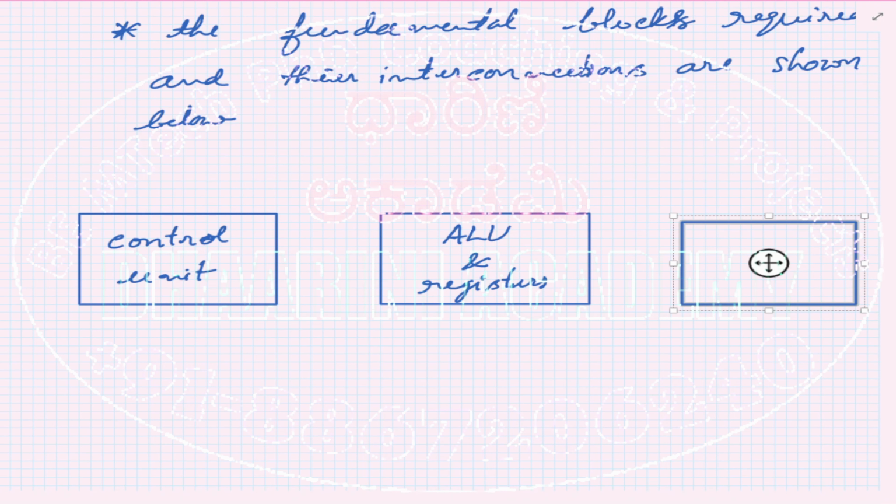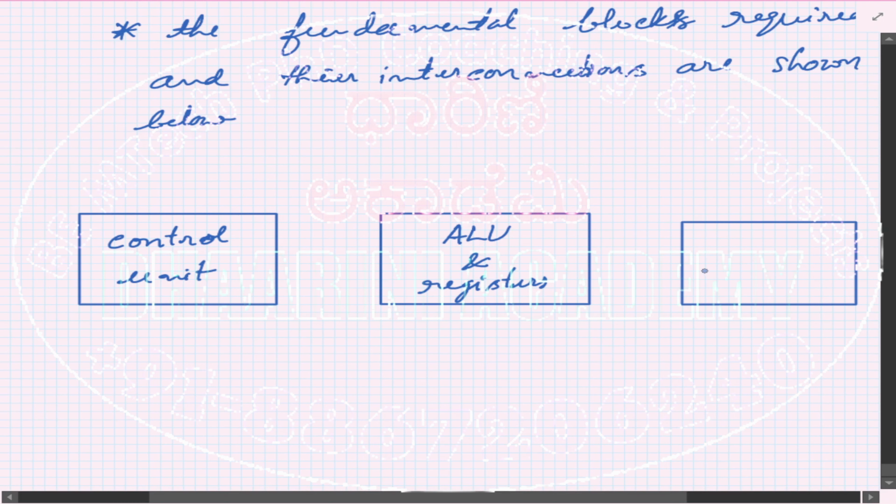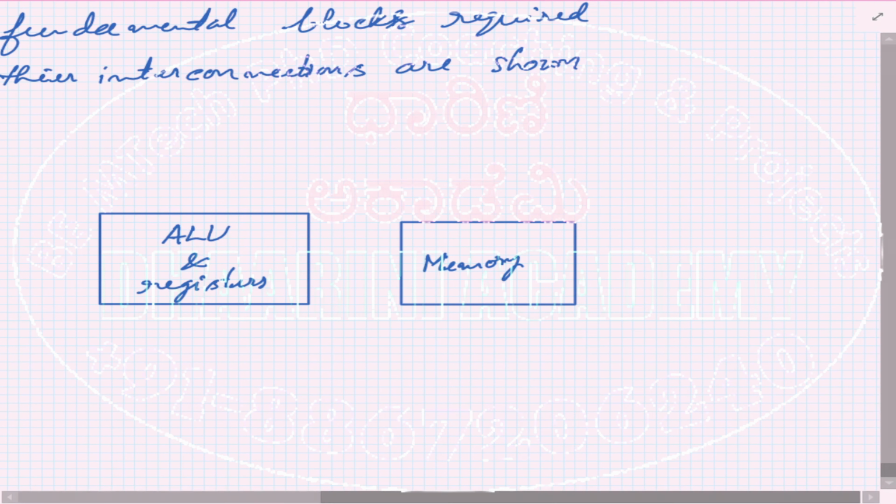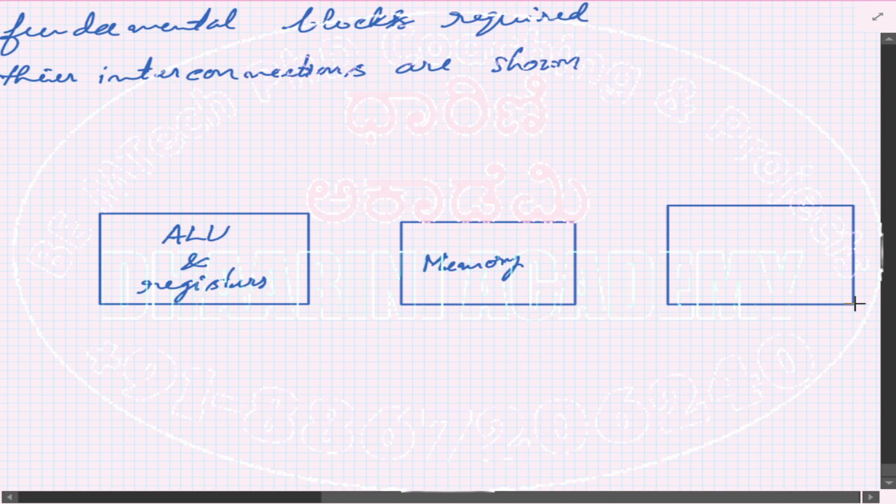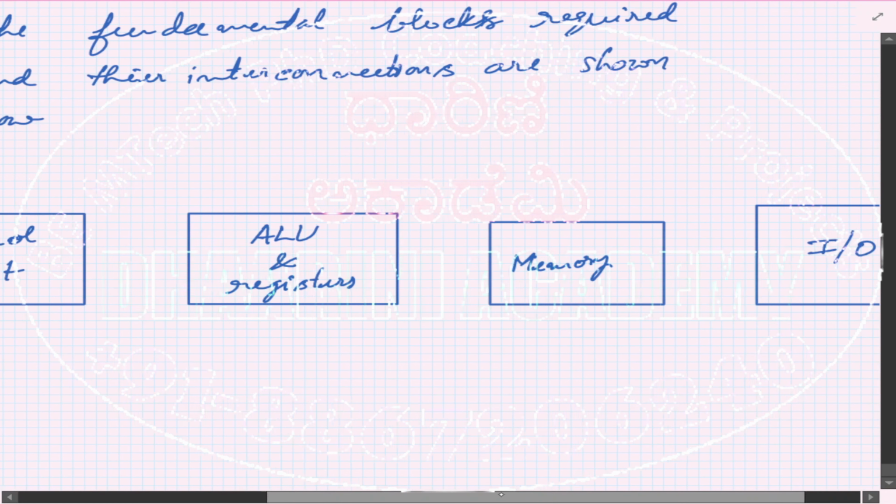This is the memory, and we go for a fourth block. This is I/O, indicating input or output. Okay, now so these are the four blocks.